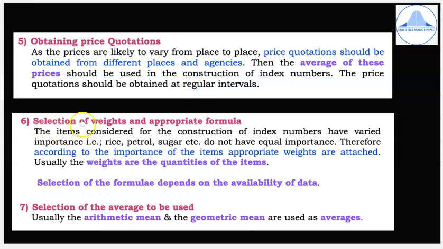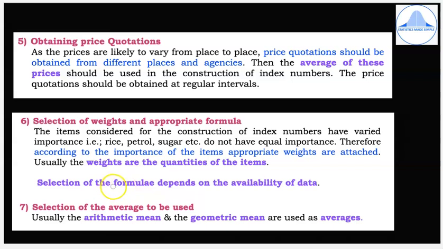Coming to the sixth point, selection of weights and appropriate formula. The items considered for the construction of index numbers have varied importance. That is like rice, petrol, sugar, they don't have equal importance. So depending on how important an item is, you should assign some appropriate weights, and usually the weights are the quantities of the items.